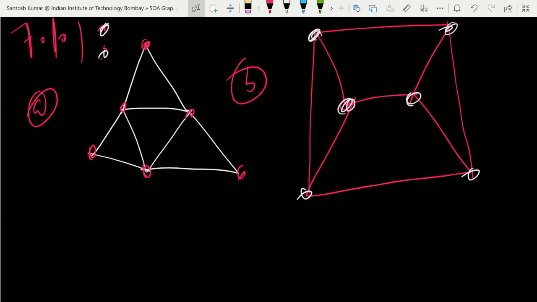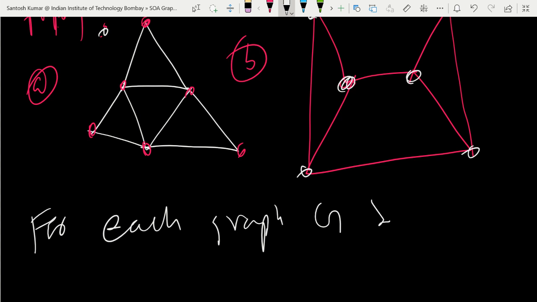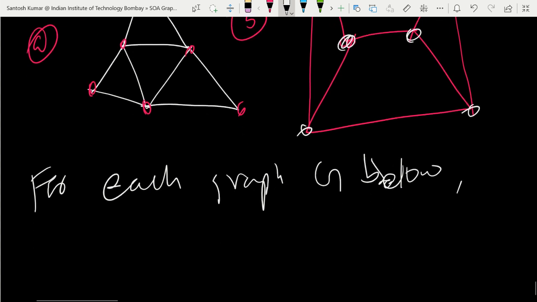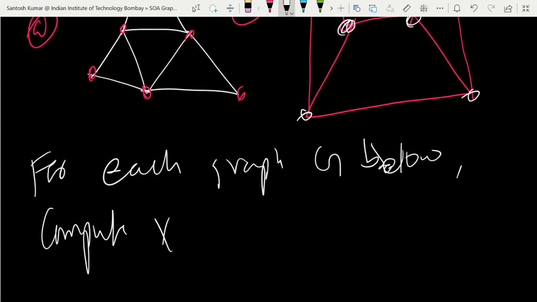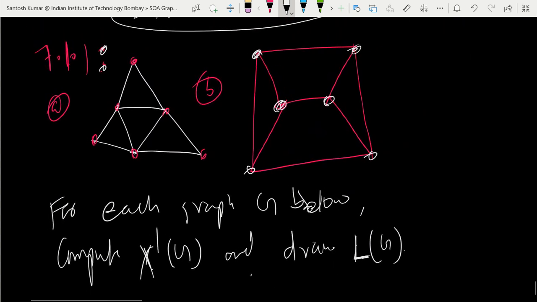They are asking you, for each graph G below, compute chi dash G and draw L of G, the line graph of G. So you try please, you all know.